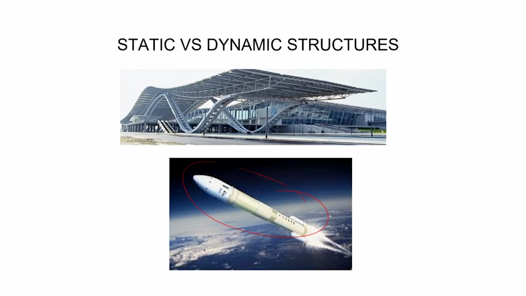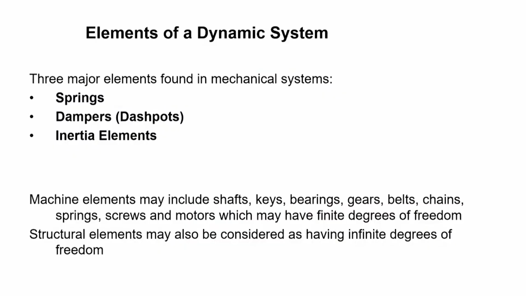In such structures there has to be some relative motion that happens, and that actually moves the structure forward. Now, if you have this type of structure, then there are three interesting elements that should be explored in terms of the design of such structures.